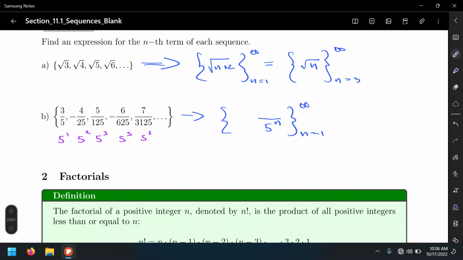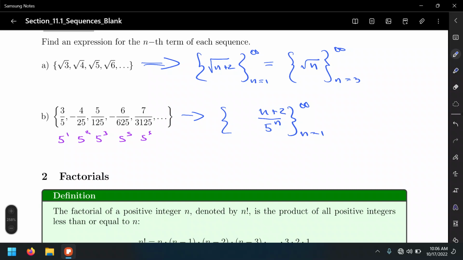We need to find a rule for the numerator so that if we plug in n equals 1 to get the 5 to the first power for the first term in the denominator, somehow we have to get a 3. How do we get a 3 in this case? Plus 2? So n plus 2.